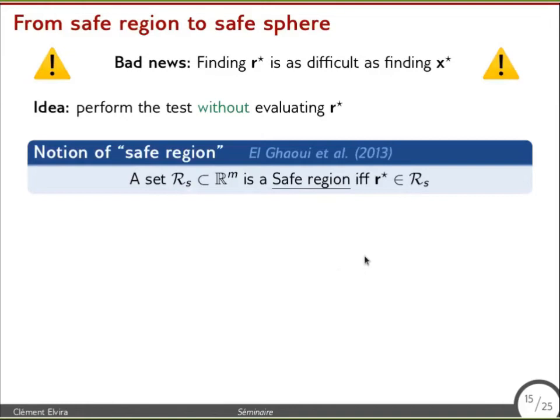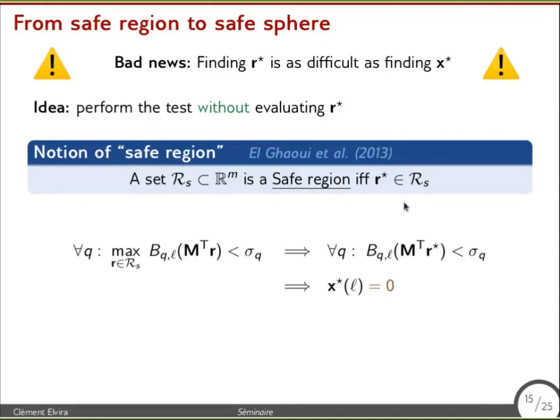And to do that, we will leverage the notion of safe region introduced by El Ghaoui a few years ago. In short, what we call a safe region is a region that contains the solution to the dual problem, so that contains R star. The idea is that identifying such regions is easier than identifying R star. Why are we doing that? Because if we are able to design such a region, then we can design a relaxed test.